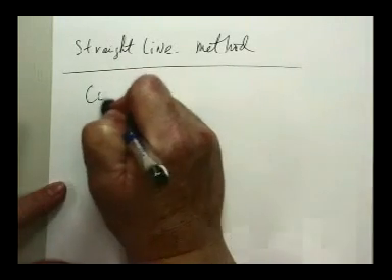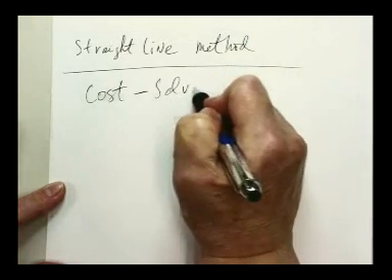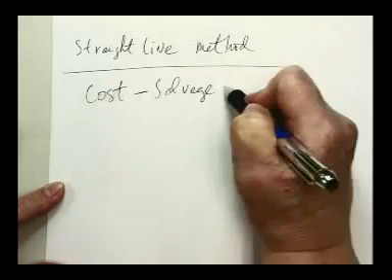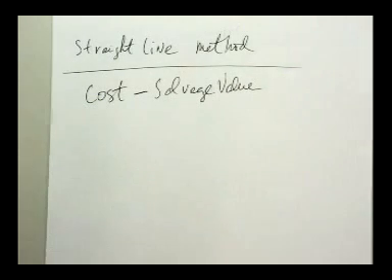So the straight line method is very simple. We're just going to take the cost of our asset and subtract from it a salvage value. Salvage value is just a value that we, again, estimate that at the end of this asset's useful life, we're going to be able to sell it for scrap or take it to the salvage yard, and they're going to give us a little bit of money for the steel or whatever's involved in the particular asset.